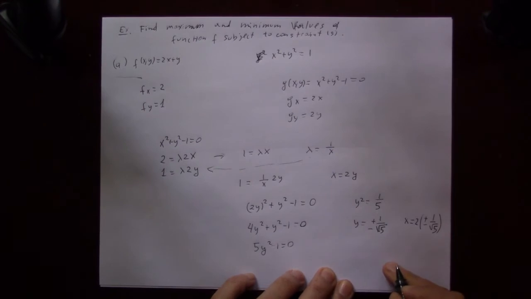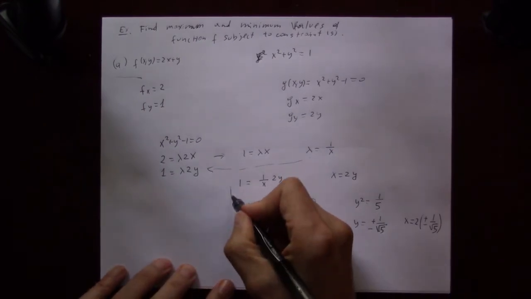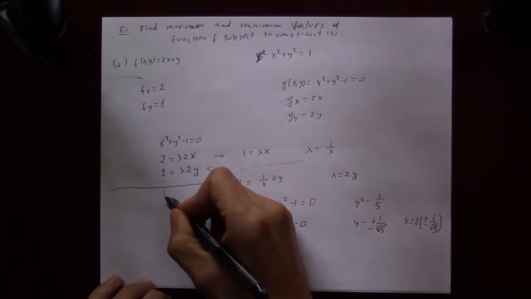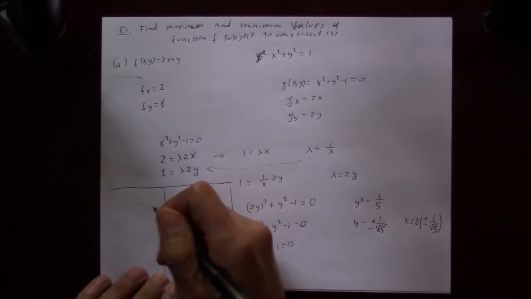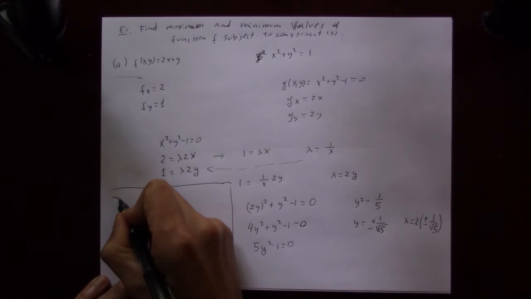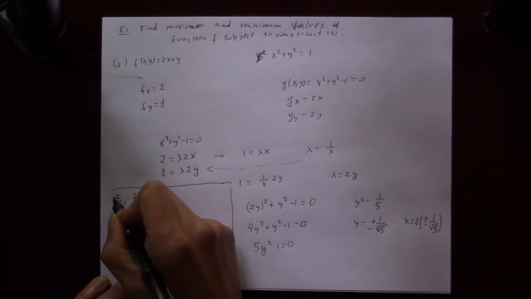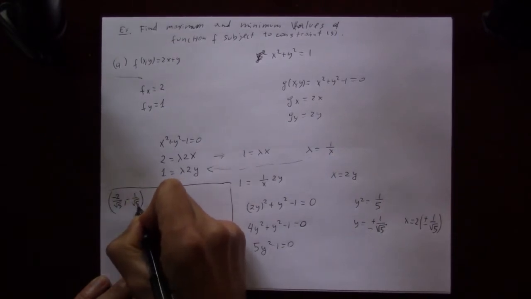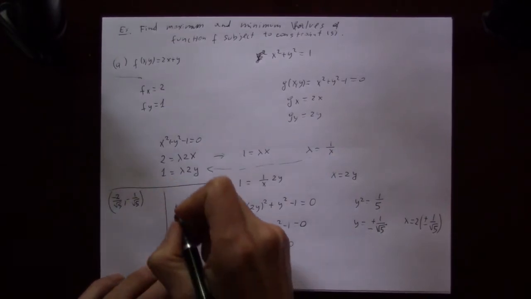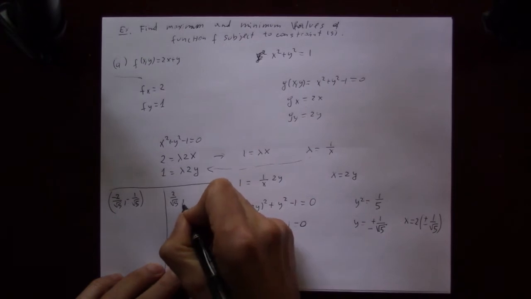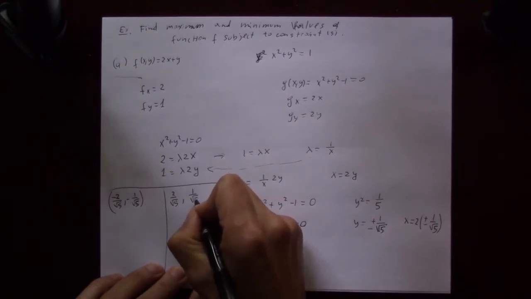So we get 2 points to consider. The first is x equals negative 2 divided by root 5 and y equals negative 1 over root 5. And the second point is x equals 2 over root 5 and y equals 1 over root 5.